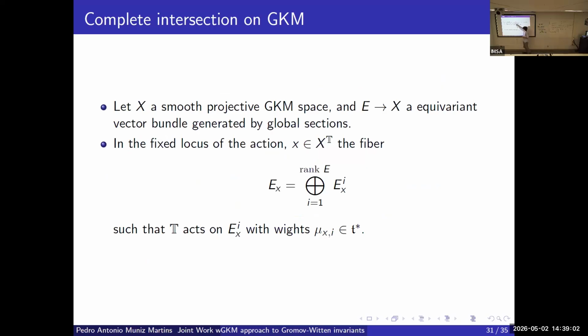Now, X is a smooth projective GKM space, and we ask that the vector bundle that I told you earlier is also equivariant under the action of the torus on X. At a fixed point of the action, we have a splitting of the fiber of the vector bundle into a sum of one-dimensional spaces, such that the T action on these has weights that we will denote by mu xy, again in the algebra of the torus.